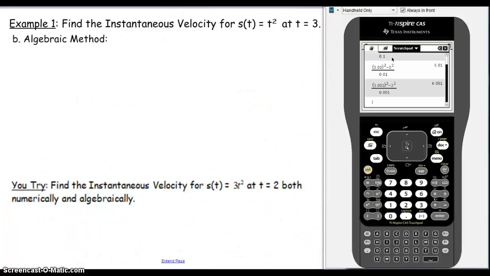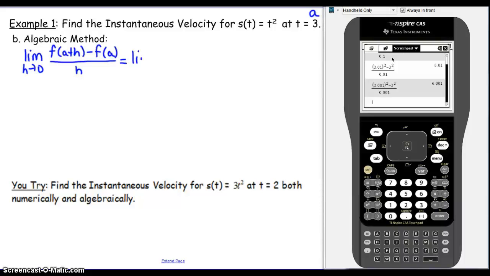So when we do this algebraically, we're definitely going to use the limit in front of the difference quotient formula. So again, the t value that they're given, that's your a. You can either plug in a in the beginning, or you can just plug in t squared to begin with and plug the a in at the end. Either way, it doesn't matter.